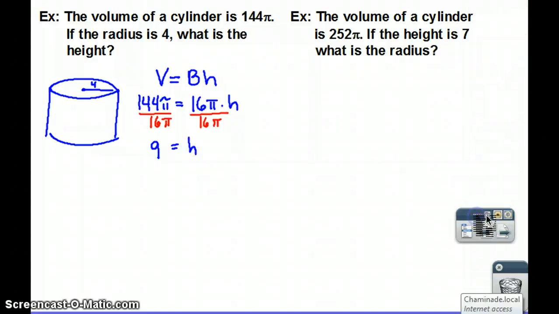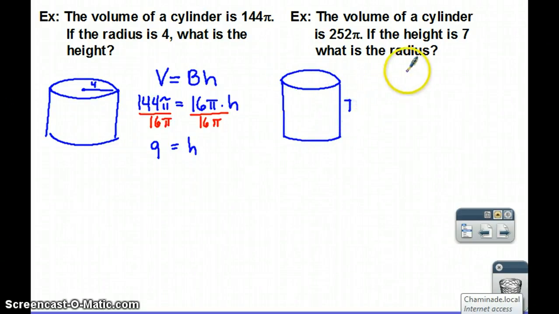Let's try another one. The volume of a cylinder is 252 pi. The height is 7. What's the radius? So I know the volume is the area of the base times the height. We were given the volume and we're given the height.